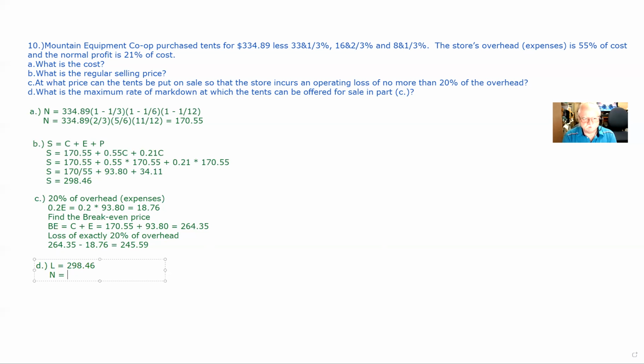The net price we've decided was 245.59. The dollar value of the discount, so 298.46 minus 245.59 is 52.87.